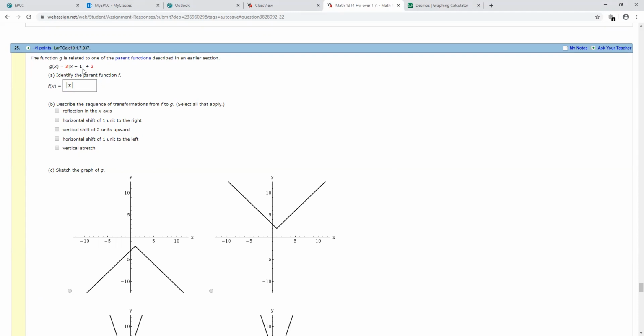Move it to the right. Excellent. So this is a shift or a translation, isn't it? Yes. So that's one of these down here, and that would be the first thing we would do. Which one of these is that? The horizontal shift, one unit to the right. Very good.